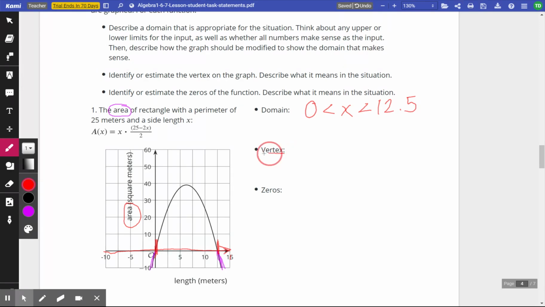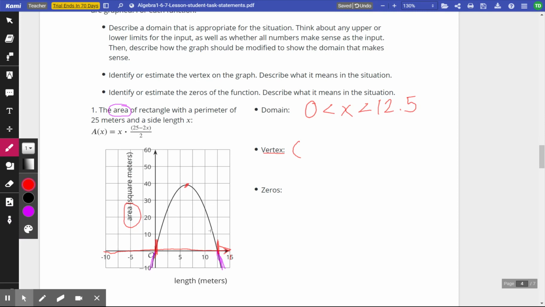Then vertex. The vertex of a function is the max or minimum. So here, I'm going to look at the peak. The peak is about here for me on this function. So you can take an estimate of what that would be. I'm going to say it's about 6. So if this is 5 and that's 10, this is 7.5. And it's midway between 5 and 7.5.